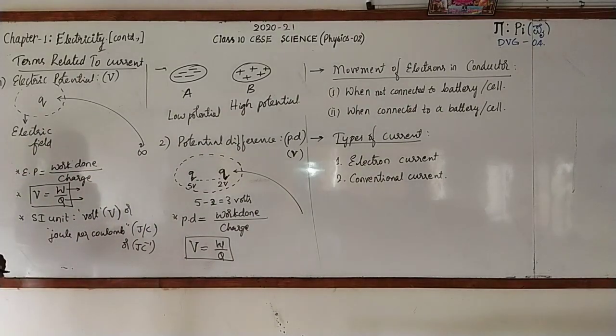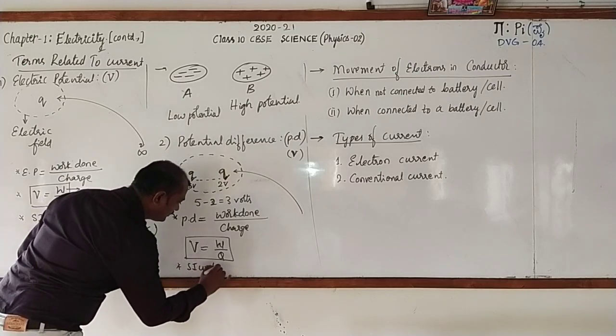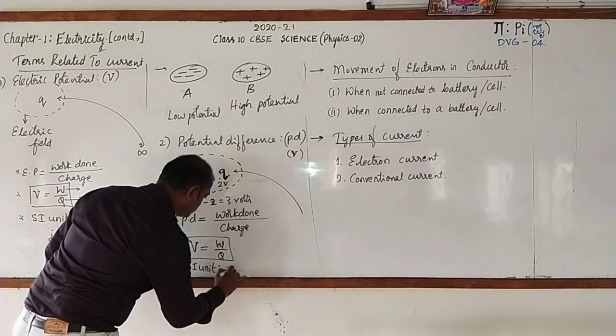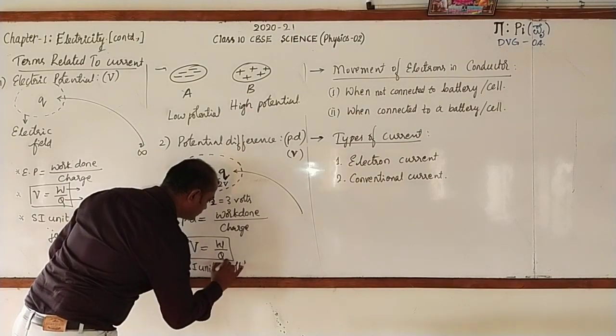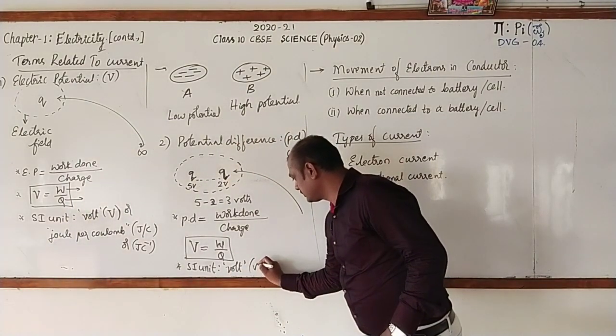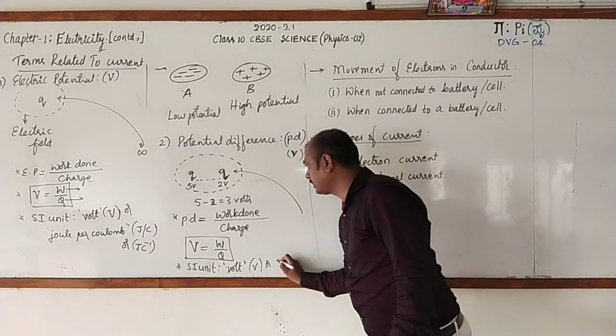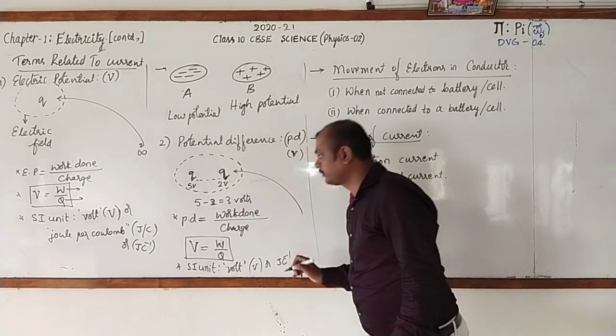Then what about the SI unit? The SI unit is also the same. It is volt, and the symbolic representation is capital V. Or another one, joule per coulomb.